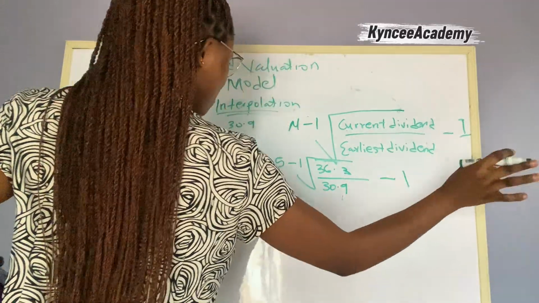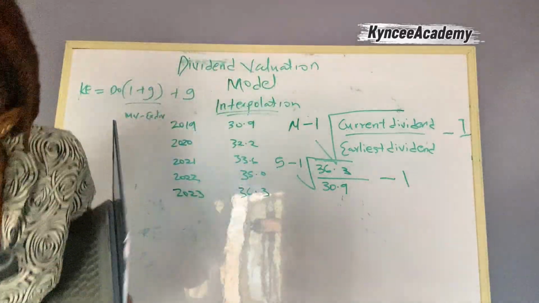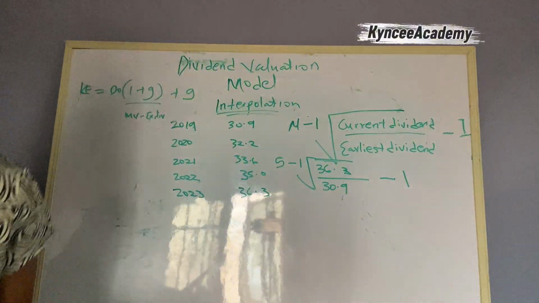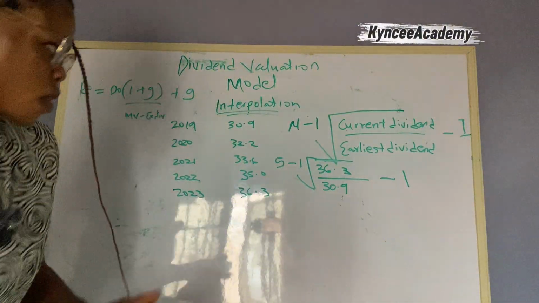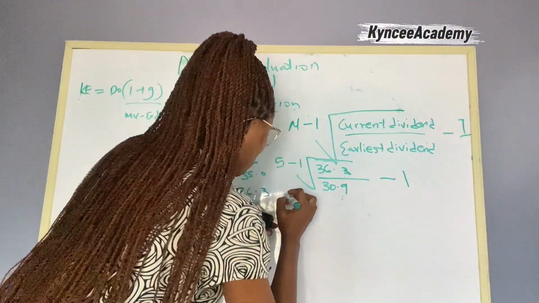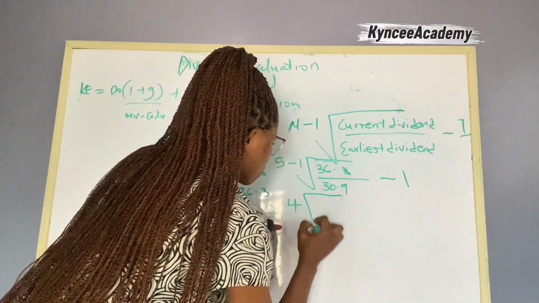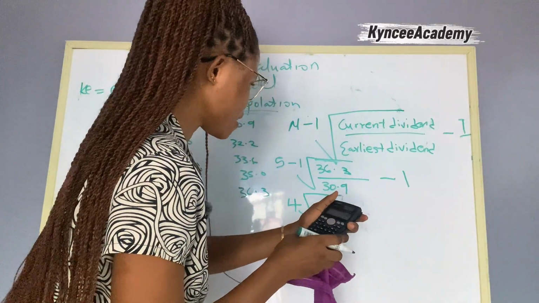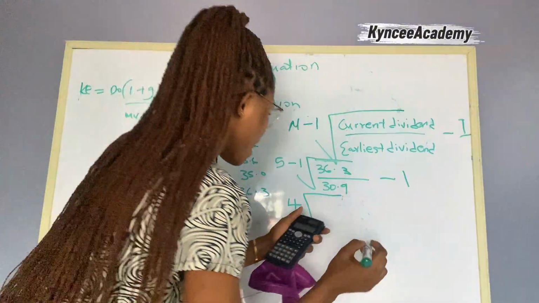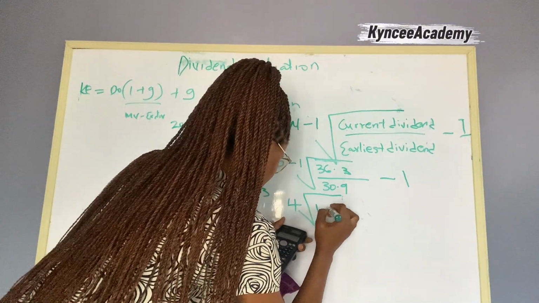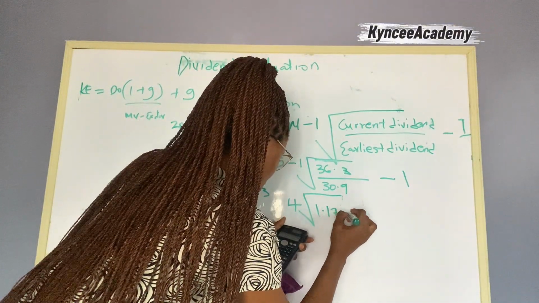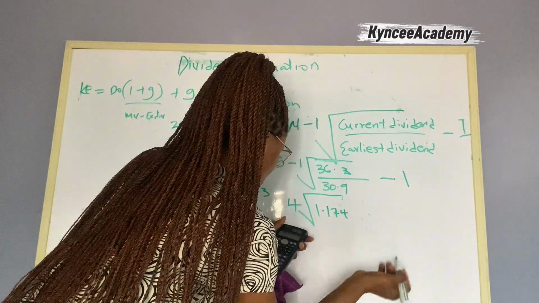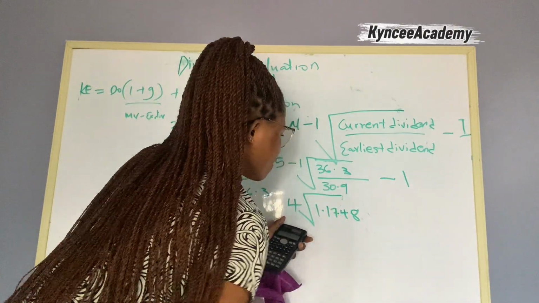This minus 1 is outside the root. So now we have the 4th root. Now 36.3 divided by 30.9, we'll have 1.1748, let's approximate, right?